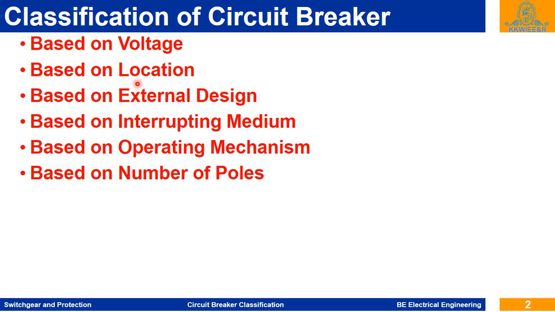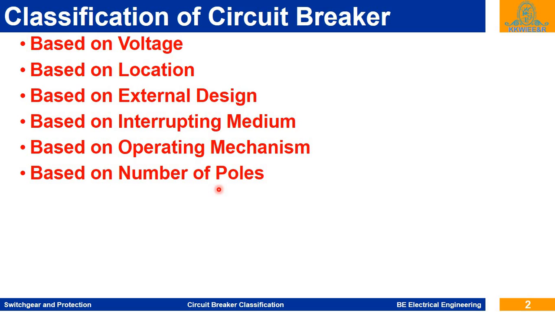The location of the circuit breaker in the substation, the external design of the circuit breaker, the interrupting medium of the circuit breaker, that is, the arc interruption medium, the operating mechanism used while opening and closing the contacts of the circuit breaker, and the number of poles.